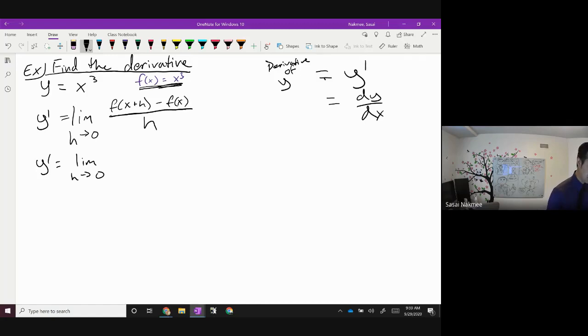So I would just use my cube function, but instead of x, I'm going to plug in what I have inside here, and what I have inside is this x plus h. So it should be x plus h cubed. That's what I have going on in here. Minus f of x, but f of x is just x cubed, all divided by h.